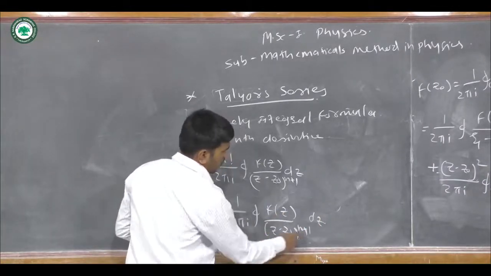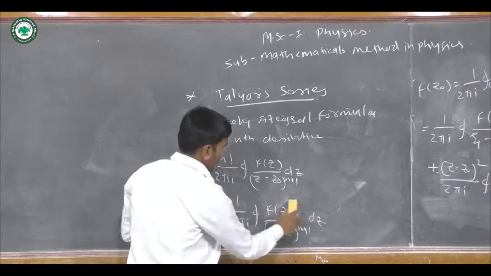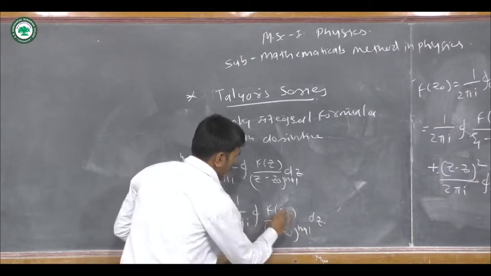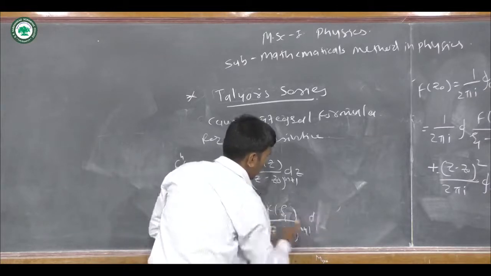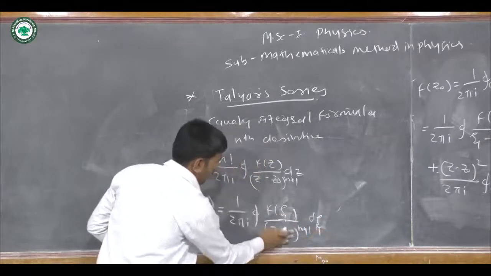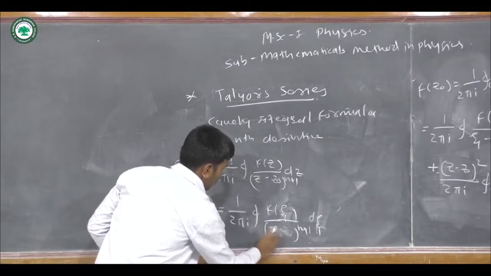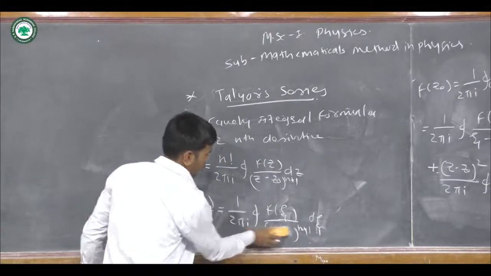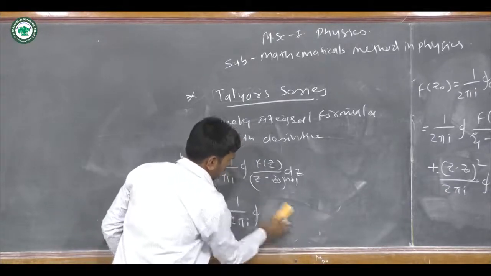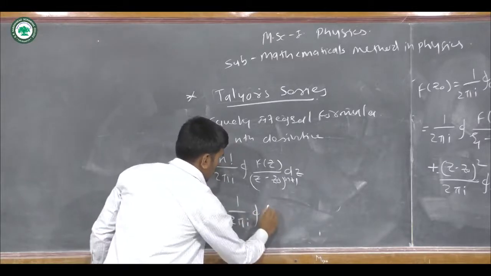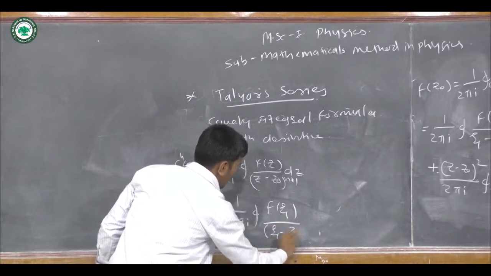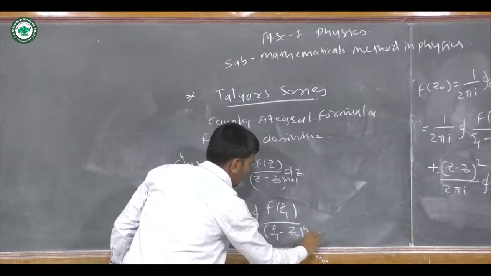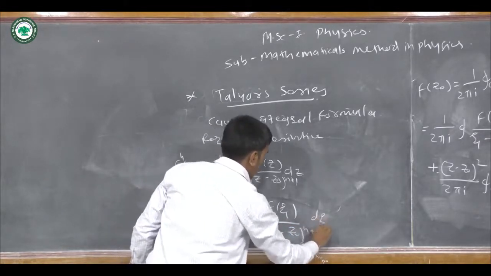Here n plus 1 is as it is, here only the function is psi, and here psi, and this is f of psi divided by psi minus z naught power n plus 1 d psi.